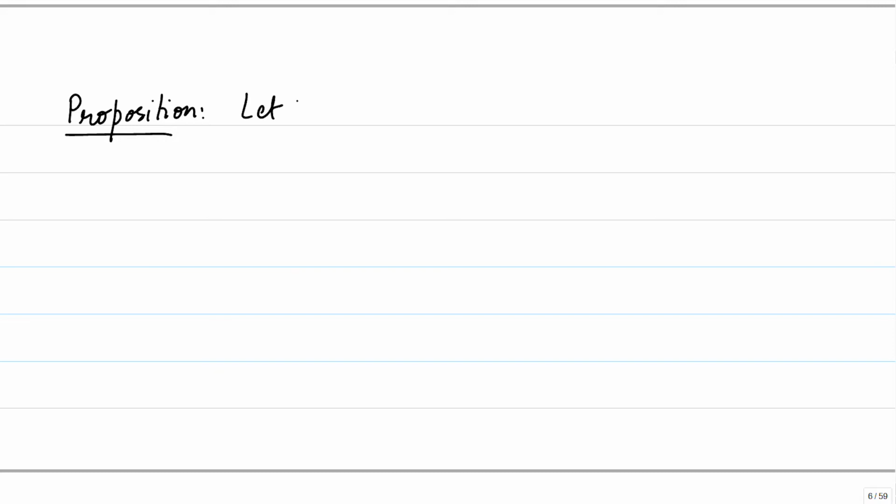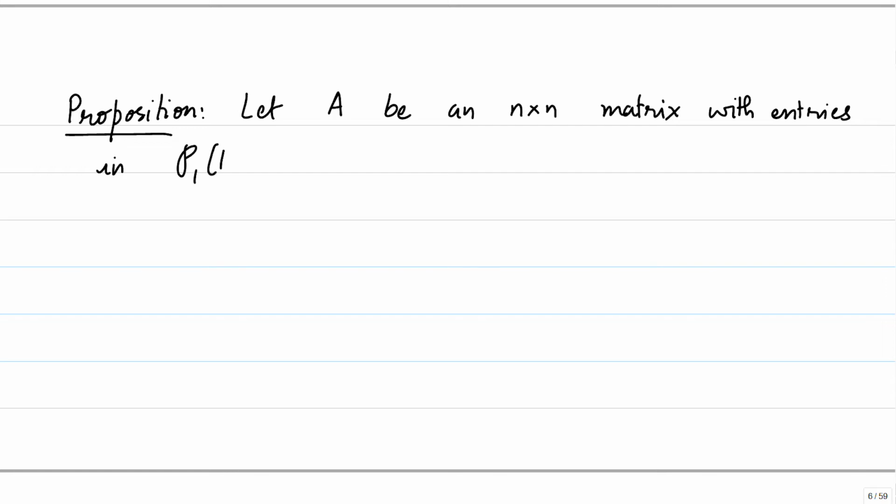Let A be an n cross n matrix with entries in P1 of R. Like in the case when we computed the characteristic polynomial, A minus lambda I, for example, is one such example, though here our A is not this particular A, but some other A.